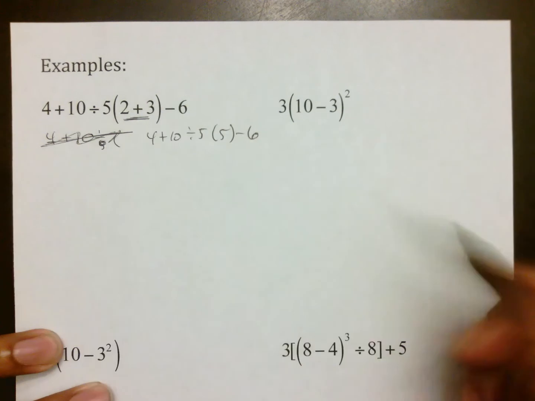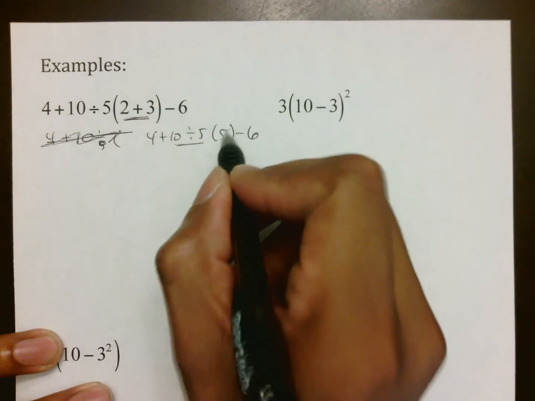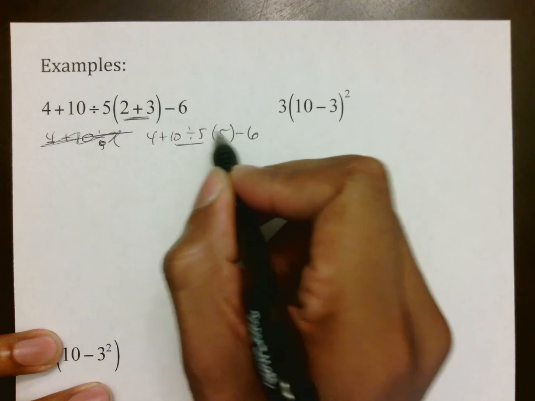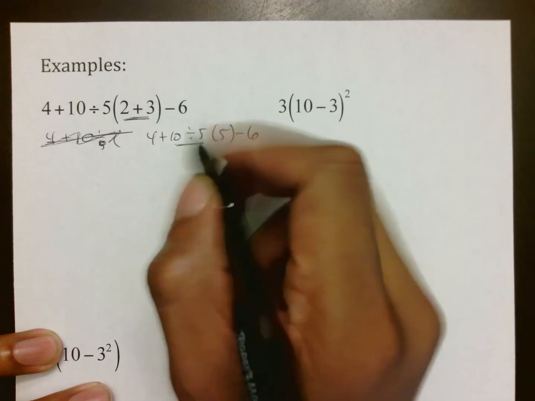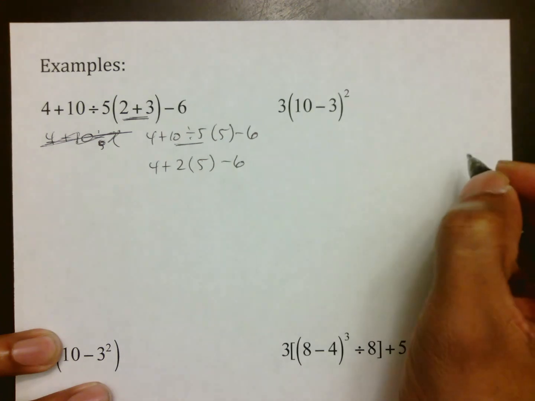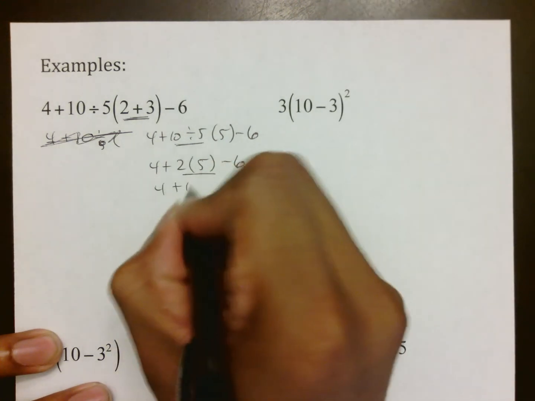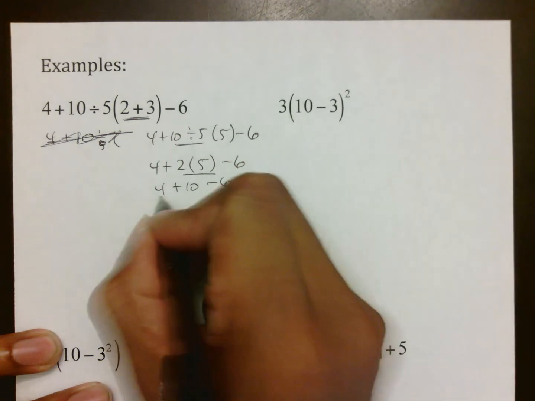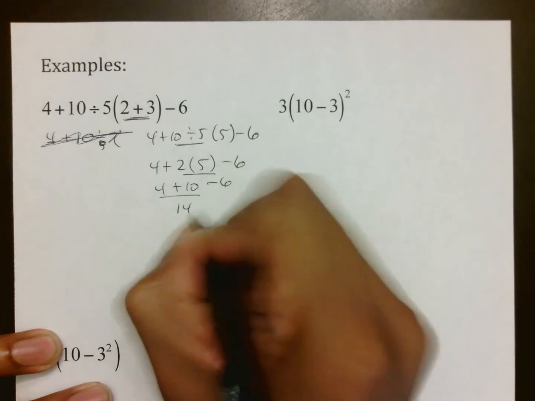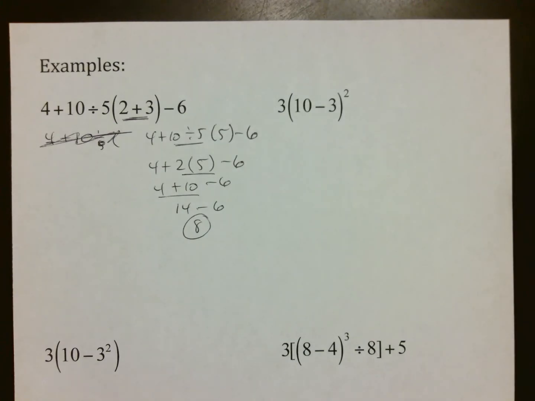There are no exponents, so there's nothing to worry about. But the first VIP in line is here. Again, that is not a parentheses because that is just a 5. That's multiplication. So the first thing we do is division. 4 plus 2, parentheses 5, minus 6. The next VIP in line is this multiplication. And from there, all we have left is addition, subtraction, which we know we work from front to back, getting our final answer.